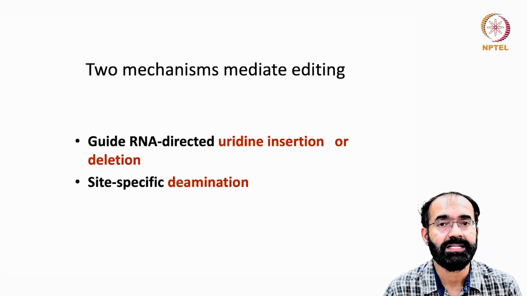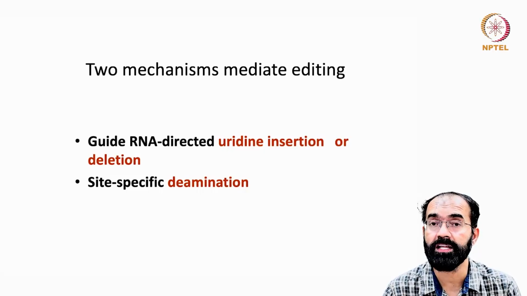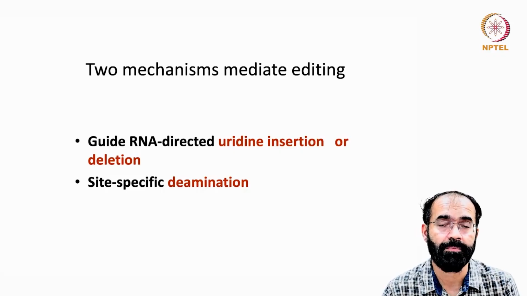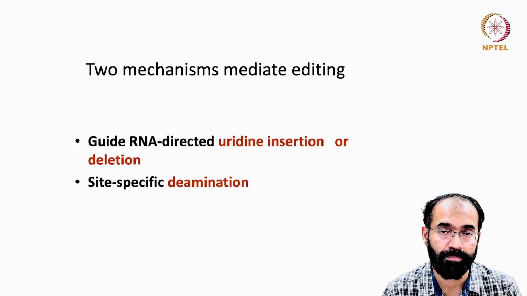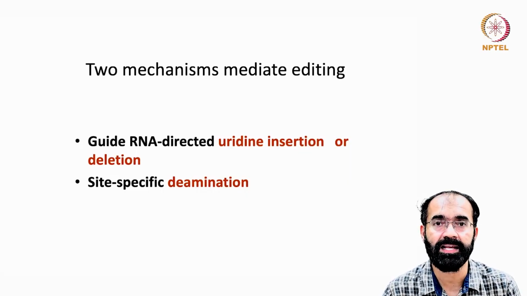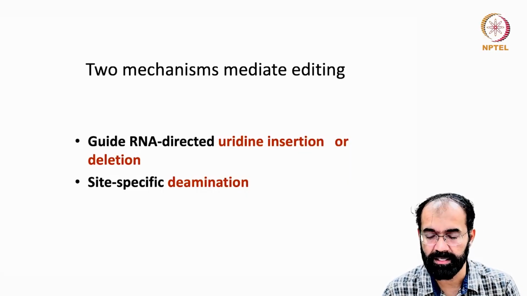And then comes site-specific deamination. Not every A is deaminated, not every C is deaminated. Some specific loci, because of the secondary structure of that RNA, will be detected and will undergo change.